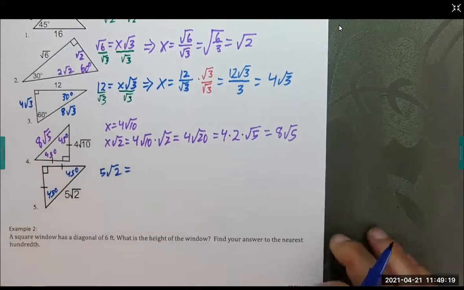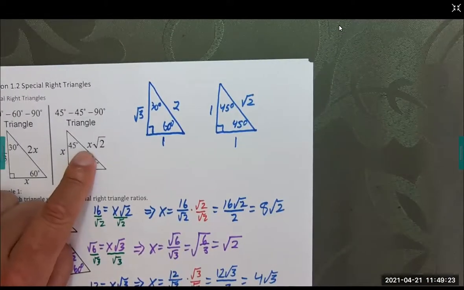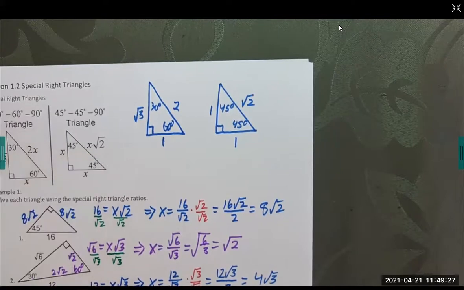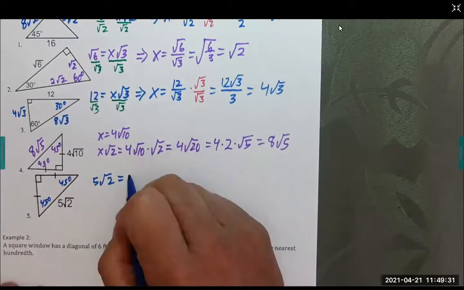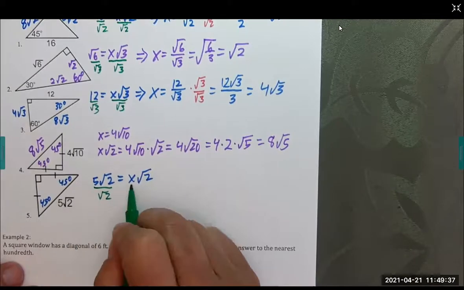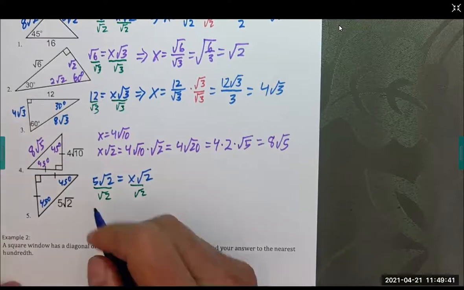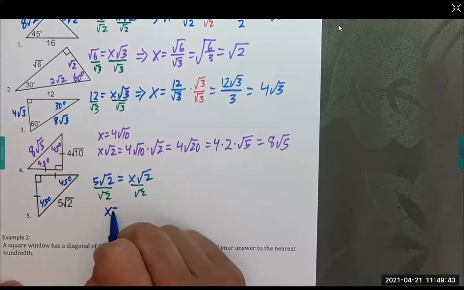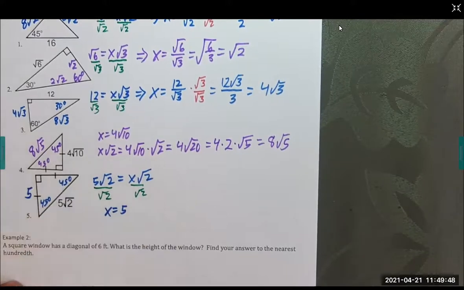If I go to my triangle here, this is the hypotenuse. This is going to be equal to x times root 2. And you can see those root 2s are going to divide out, making each of the sides a length of 5. So this is a length of 5, and this one is also going to be a length of 5.